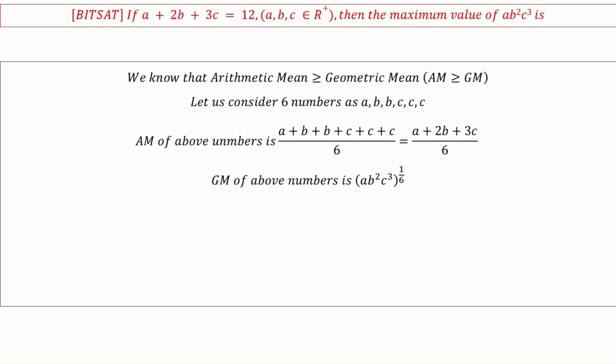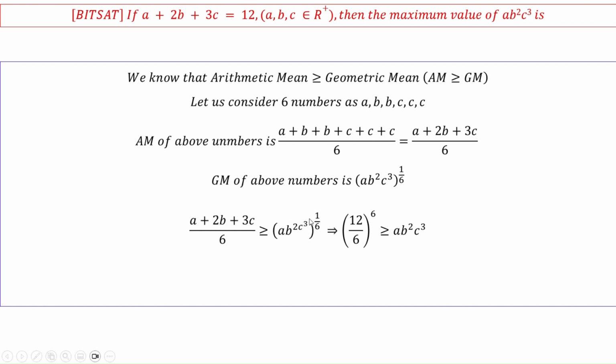Now we apply the AM greater than or equal to GM rule. So a plus 2b plus 3c by 6 is greater than or equal to a b square c cube whole to the power of 1 by 6. Sorry, this c cube is the base actually, not in the power.